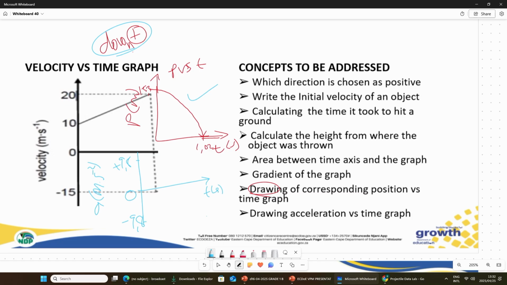We took downward as positive, so the acceleration is also downwards. It's going to give you a nice straight line like that. Then at 1,02 the ball hits the ground.